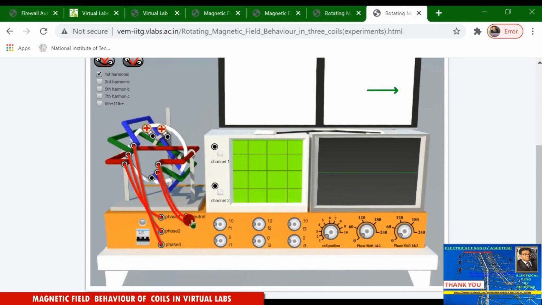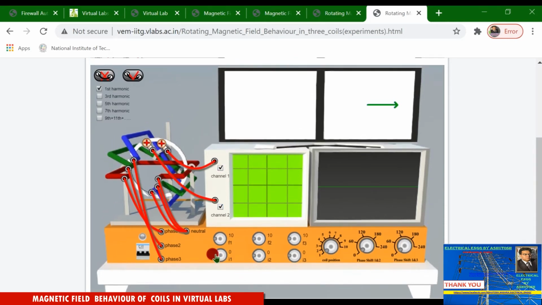This is the neutral, and you can connect the oscilloscope channel from here to here, second channel, and you can check channel 1, channel 2.